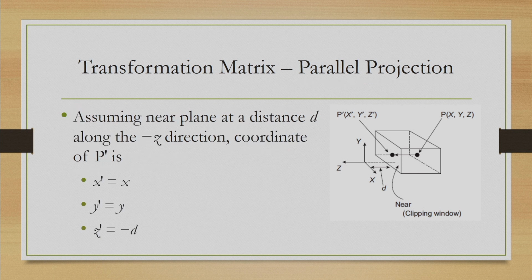Let us assume that the near plane is at a distance d along the minus z direction. Then it is quite obvious that since it is a parallel projection, the new x coordinate will be the same as the original one, the new y coordinate will also be the same. In case of z coordinate, there will be change. So, the new z coordinate will be minus d.